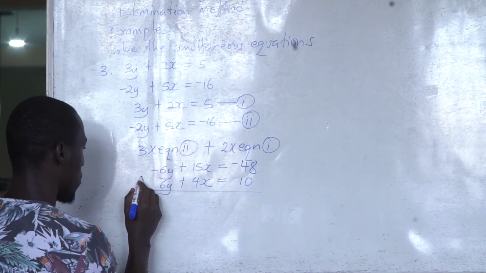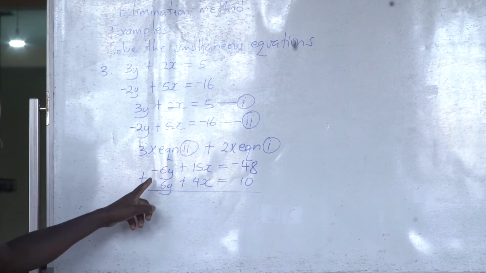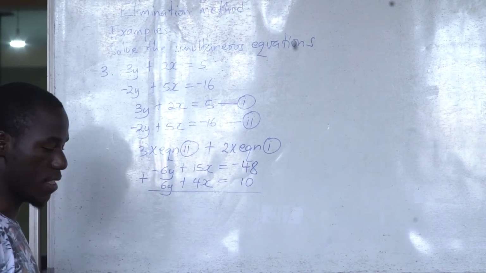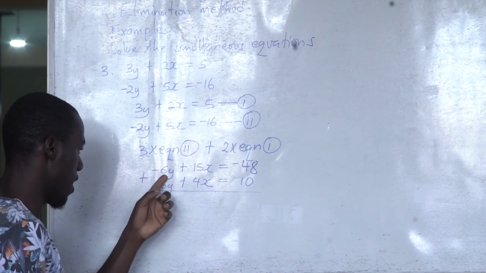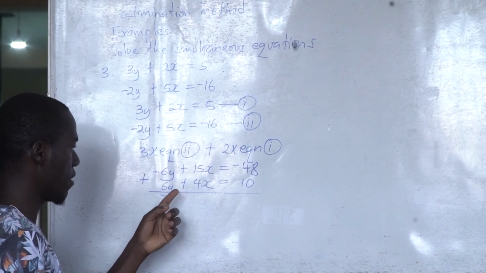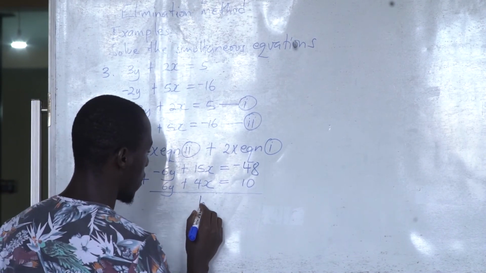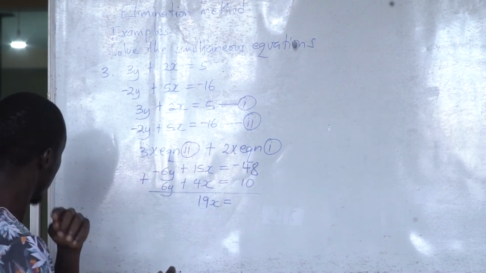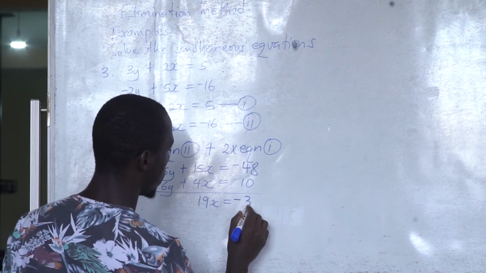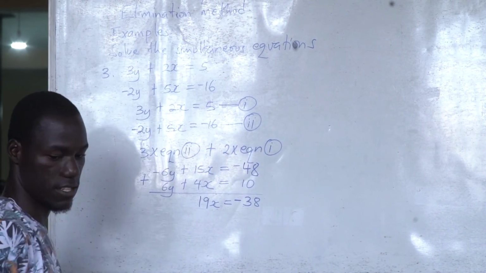So I've said I'm going to add because the signs here, they are different. Then when I add, I get 0y. When I add, I get 19x. When I add, I get negative 38.